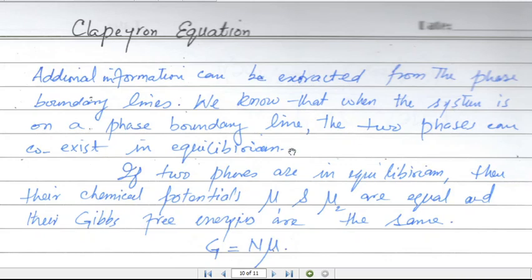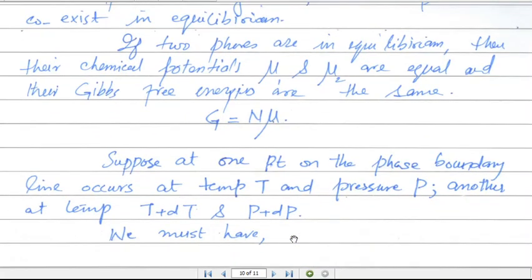So we know that when a system is on a phase boundary line, the two phases can coexist in equilibrium. If two phases are in equilibrium, their chemical potentials mu1 and mu2 will be equal, and that gives the free energy, which is given by G equals mu n, will also be the same.